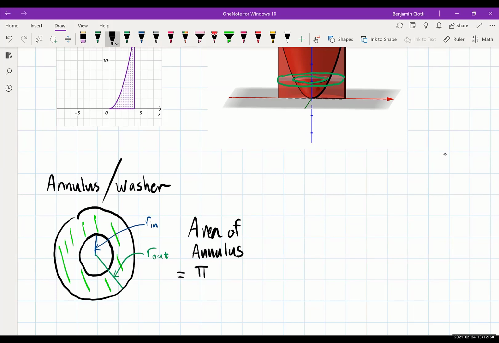It's the area of the bigger disk minus the area of the smaller disk, which comes out to be pi times the outer radius squared minus the inner radius squared.